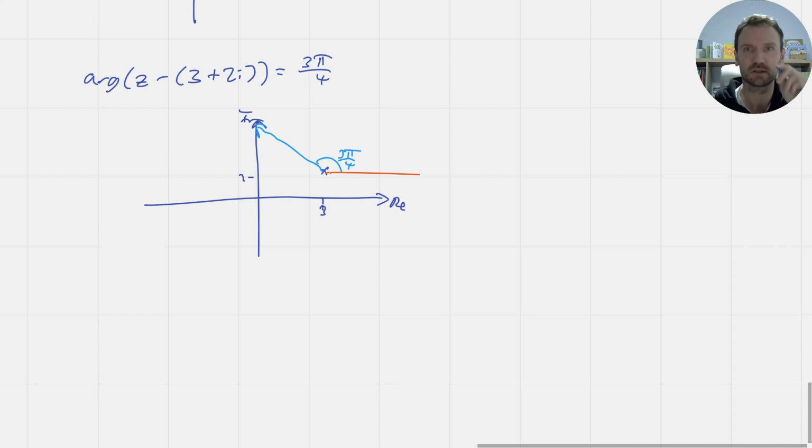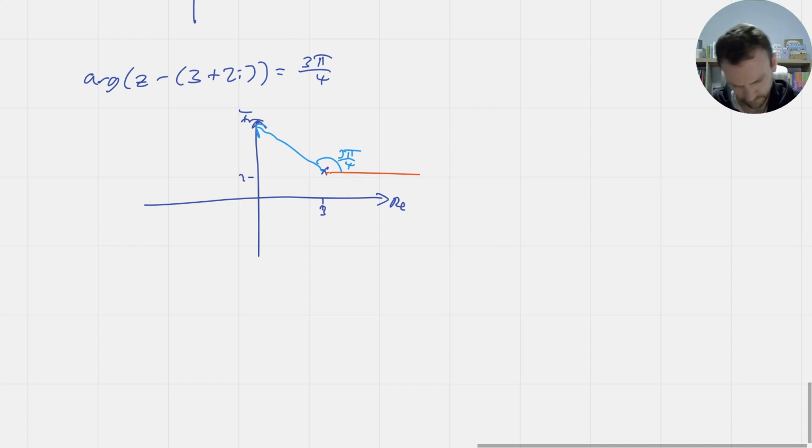It would be wrong to have your line also going infinitely down and to the right, because if you drew an extra line down here, that line would have argument negative pi over 4, so we don't want that one. We only want it going up and to the left.